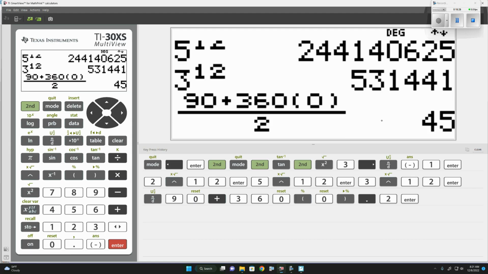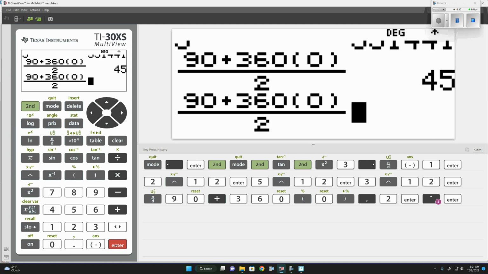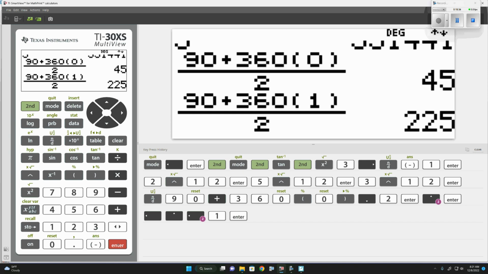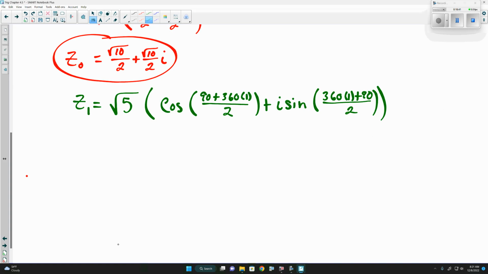Now, one of the nice things with how I typed it in before is I can come up here, reselect this, and change this 0 to a 1. So the other angle is 225 degrees. So we have the square root of 5 cosine of 225 plus i sine of 225 degrees.